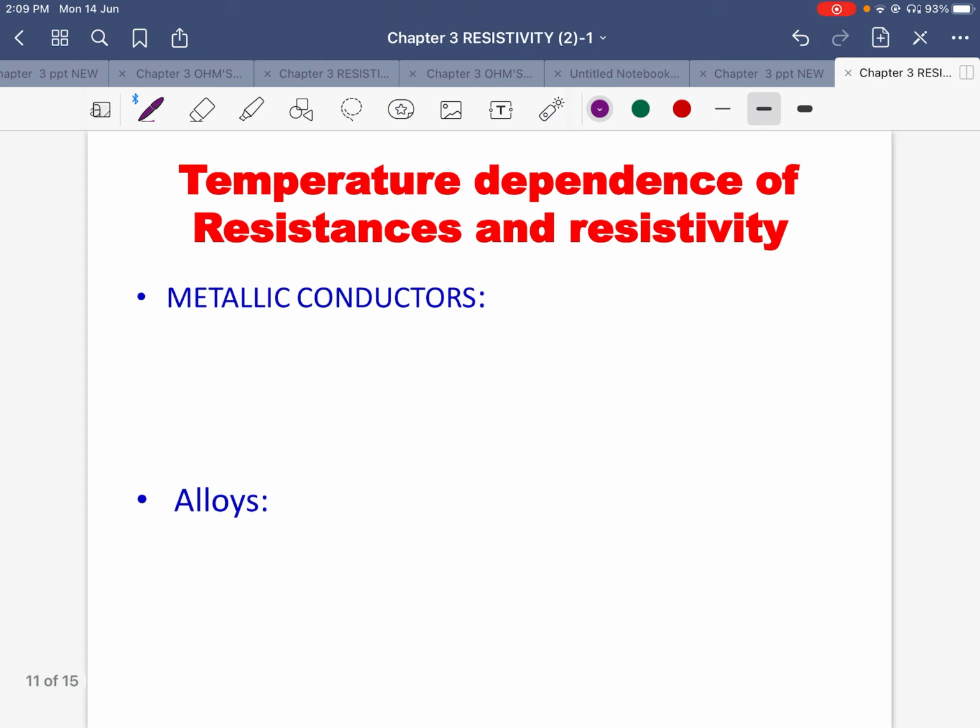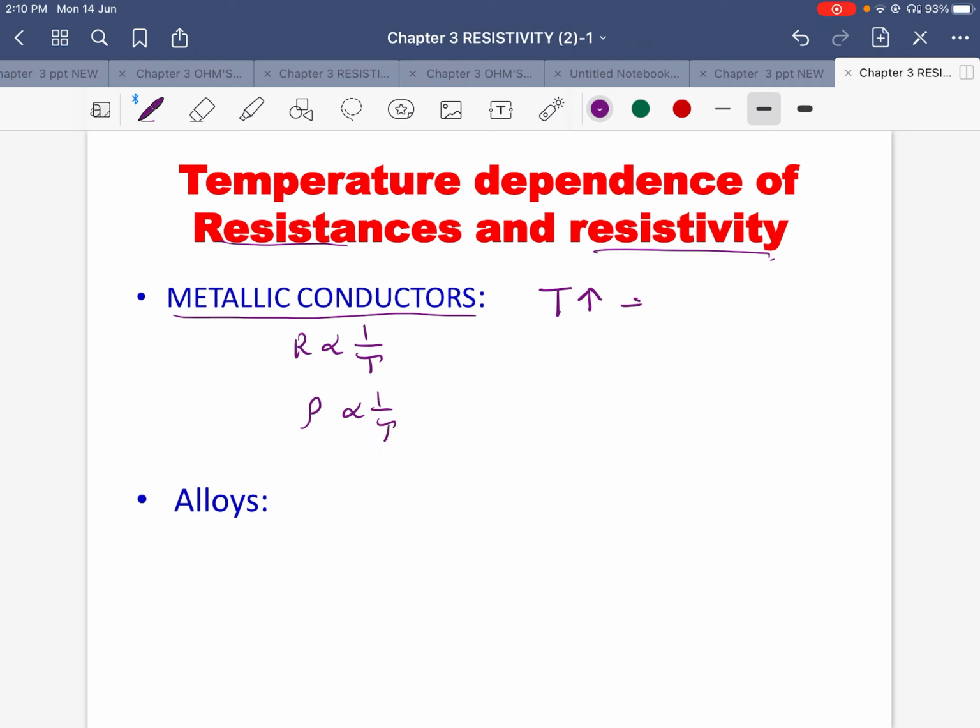First, let us discuss metallic conductors. Temperature dependence of resistance and resistivity. For a metallic conductor, if temperature increases, as we have already discussed, resistance is inversely proportional to relaxation time, and resistivity rho is also inversely proportional to relaxation time.